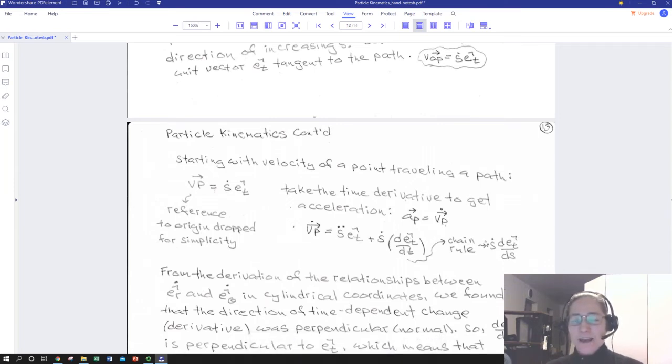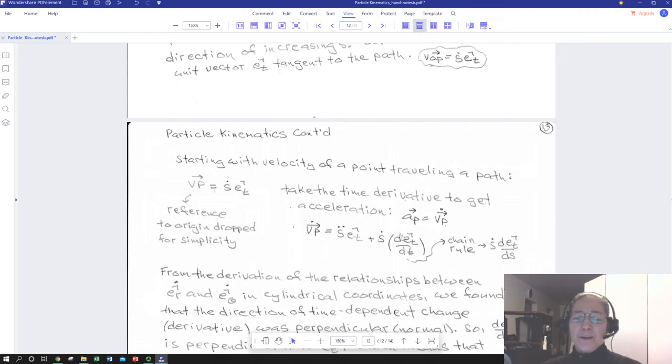Say that six times fast. We can apply the chain rule again for this and define this in terms of the same way we did with radial and theta hat unit vectors in polar cylindrical, and get an expression for this term.